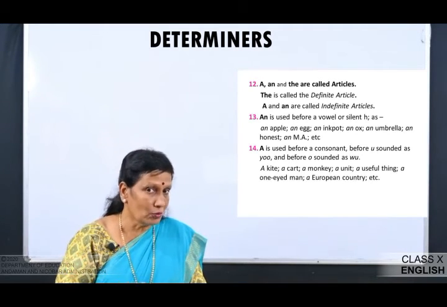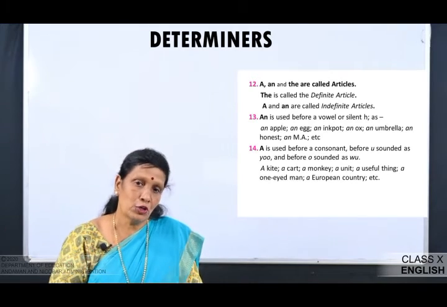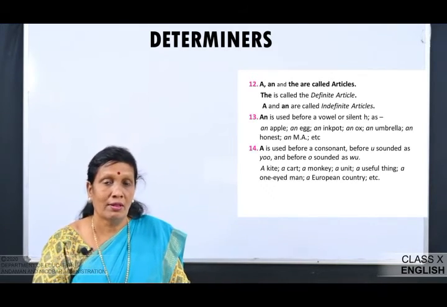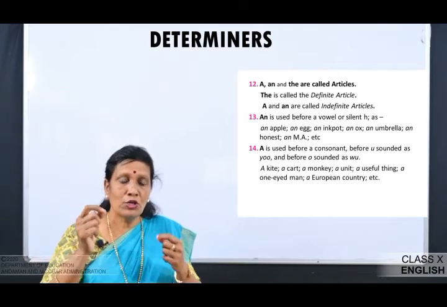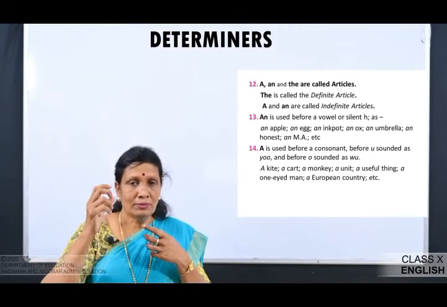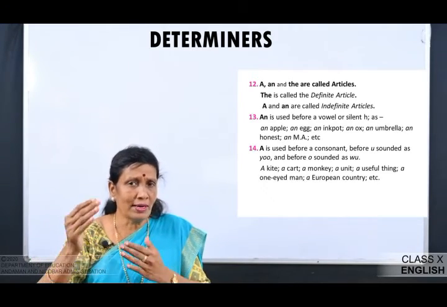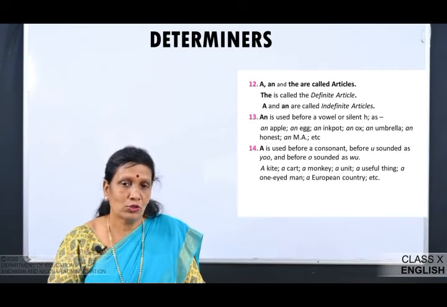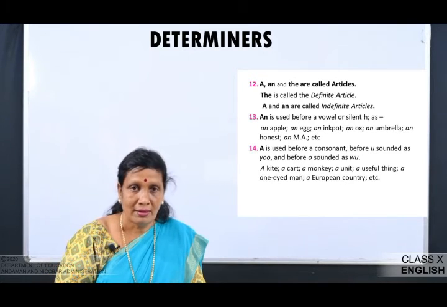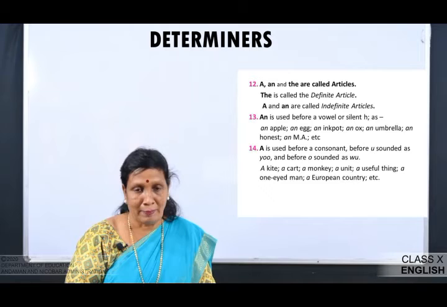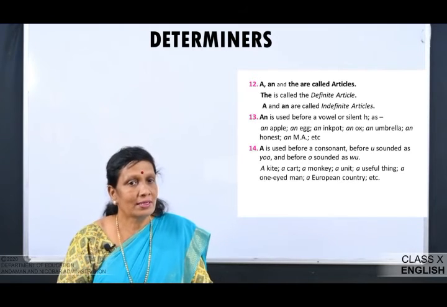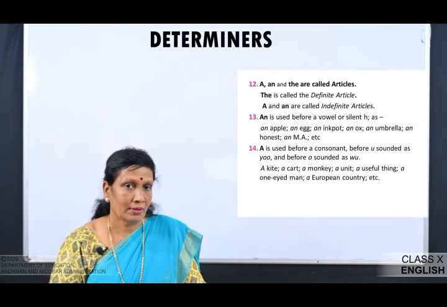So you say a unit and you don't say an unit. A useful: here the letter U sounds yoo. So you will say a useful thing. A one-eyed man, a European country, etc.